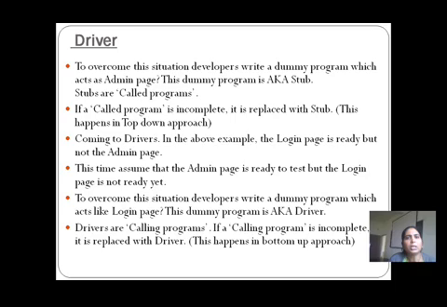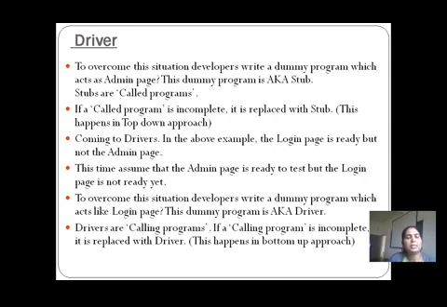Consider the situation where we have completed the development of the login page, but our admin page is still in progress, which means we are not yet ready with the development of the admin page. Now in that time, if there is a requirement to test the login page, what is required?